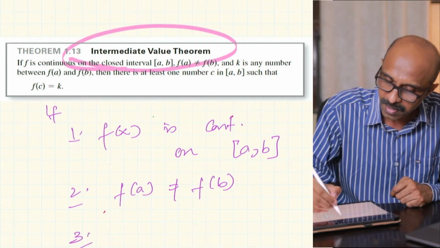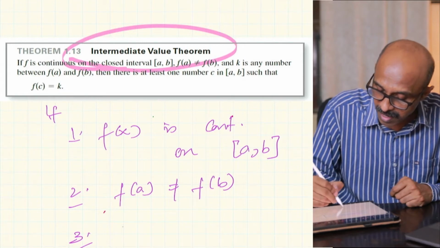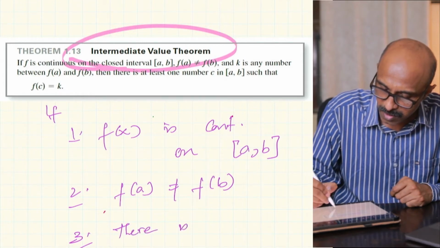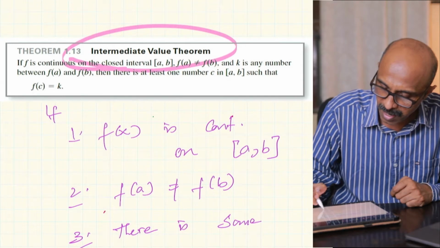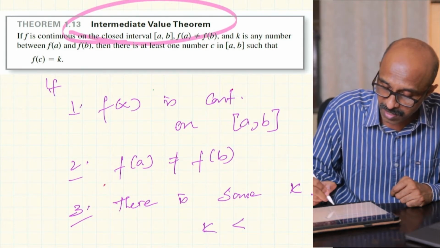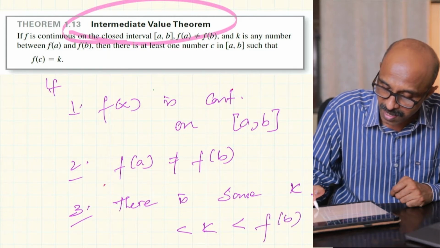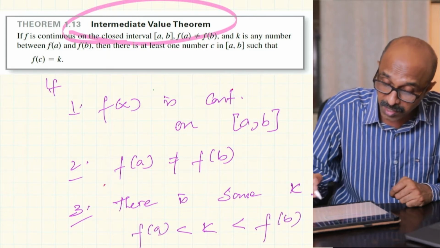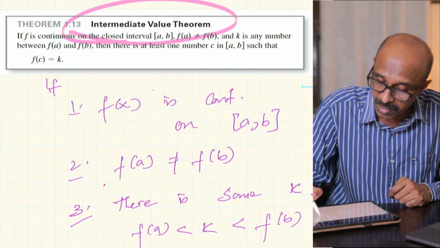And the third condition is that there is some value k such that k is in between f of a and f of b. So these are the three conditions.